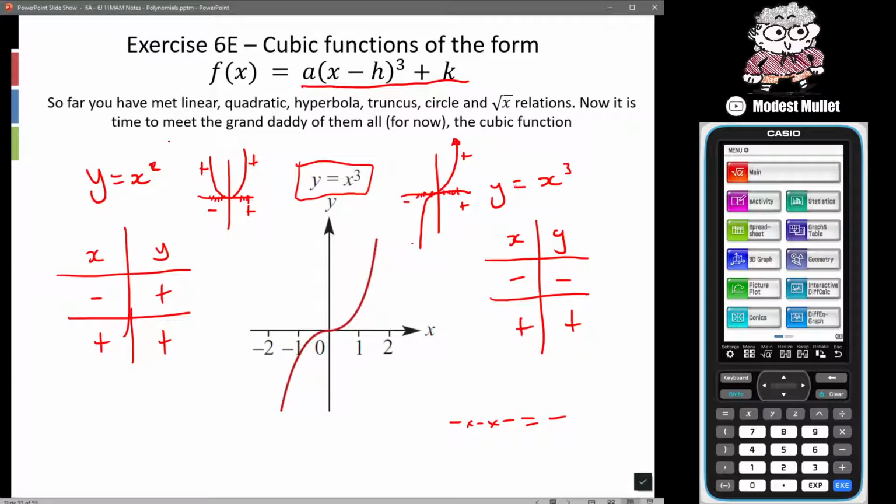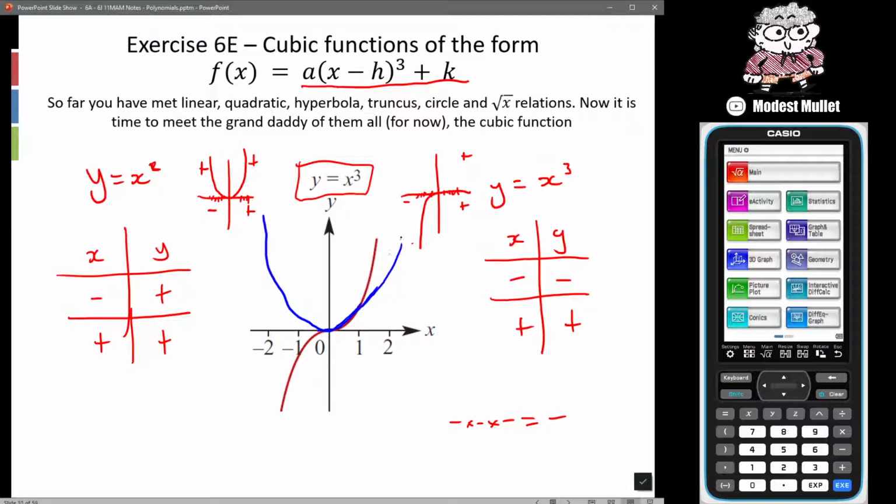So if we put y = x³ and y = x² on the same graph, if I put x² on here, it's going to be higher, but my turning point's not very nice, not very round.